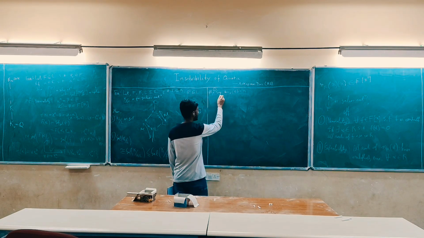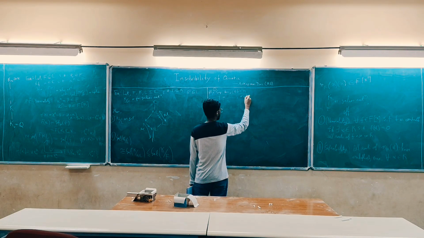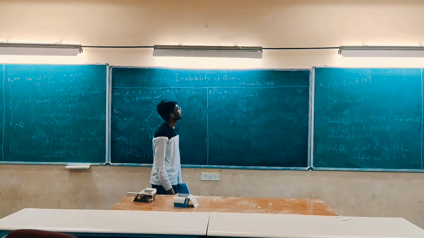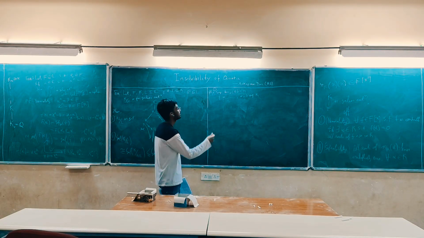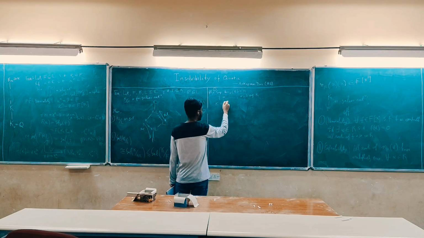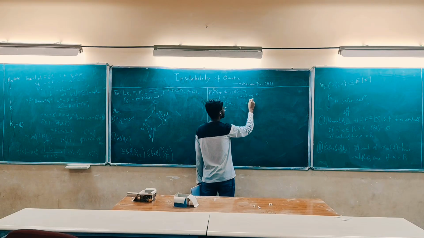Then consider a basis alpha 1 till alpha n of K as a vector space over F. And then clearly K is F(alpha 1, ..., alpha n).